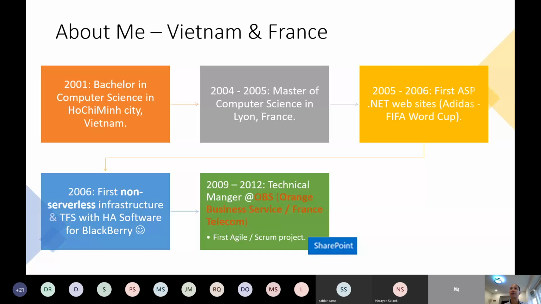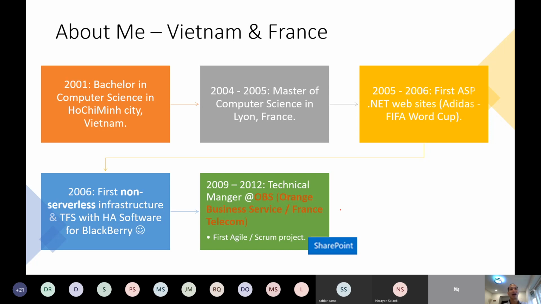And later on, I moved to work for OBS, which is Orange Business Services. I think most of us from Europe know this company very well. As a technical manager, that was my first Agile and Scrum project. I worked with a very good Scrum Master at that point, so I learned a lot. I loved that time. We built everything around SharePoint.